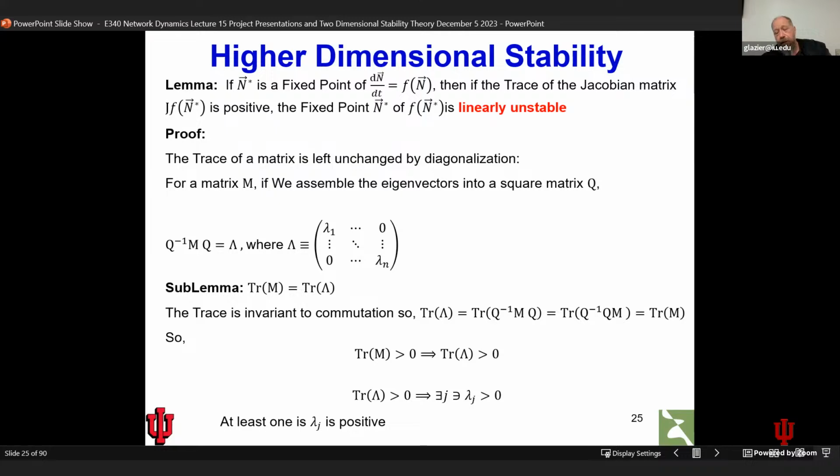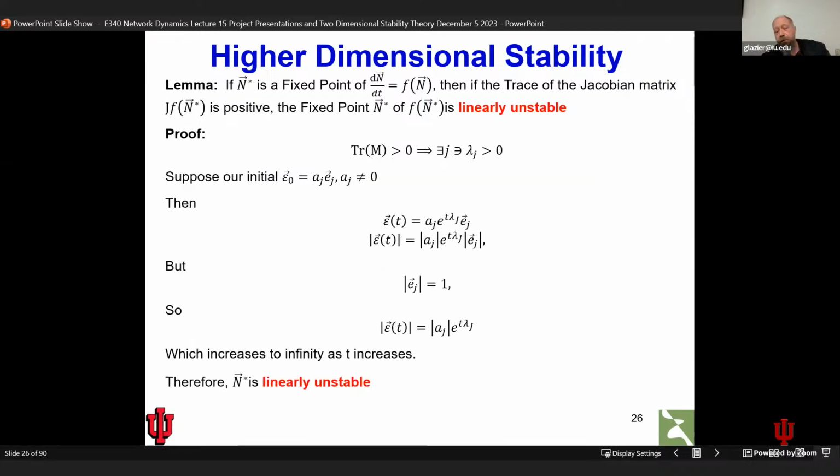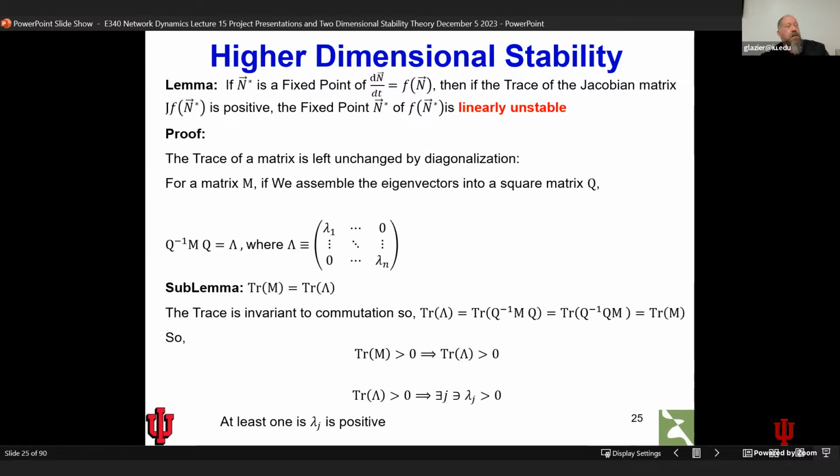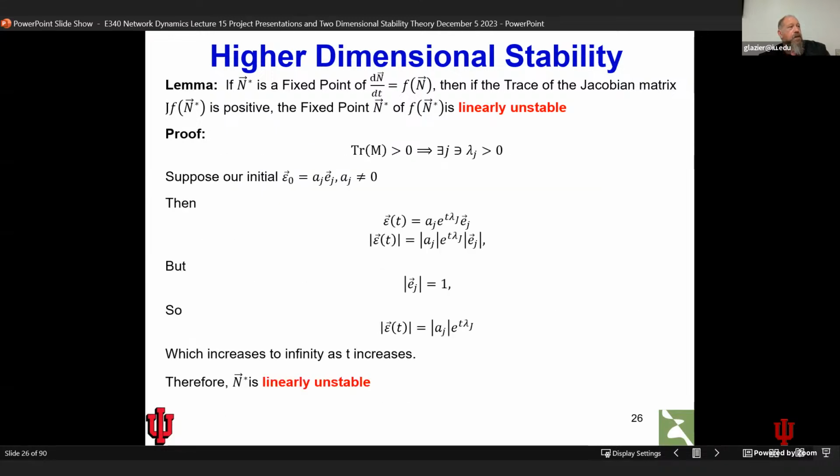And so I don't actually have to evaluate the eigenvalues. I just calculate the Jacobian matrix, sum along the diagonal, and that tells me whether my fixed point is stable or not. And so it's actually quite simple to determine whether a fixed point is stable or not, even in high dimensions. All right.